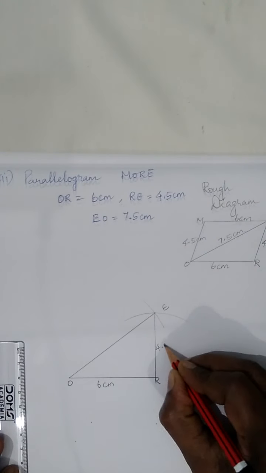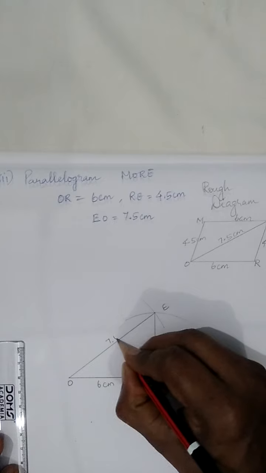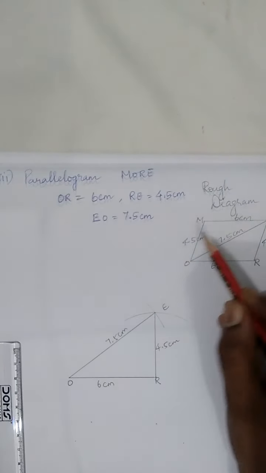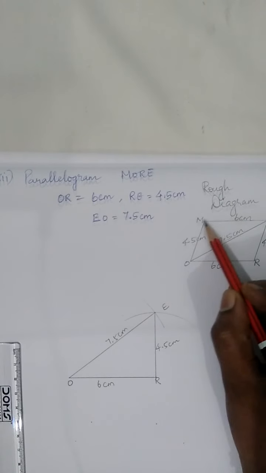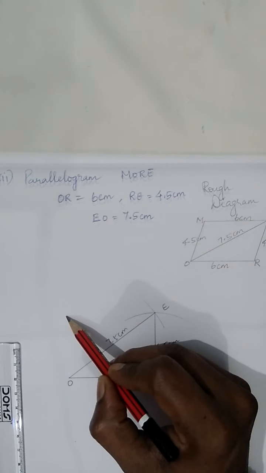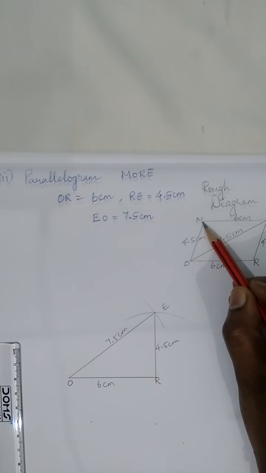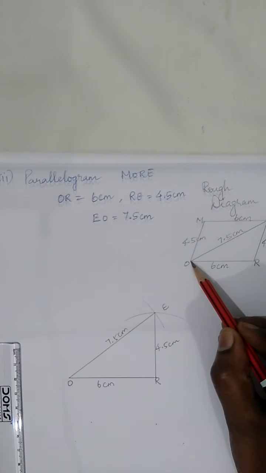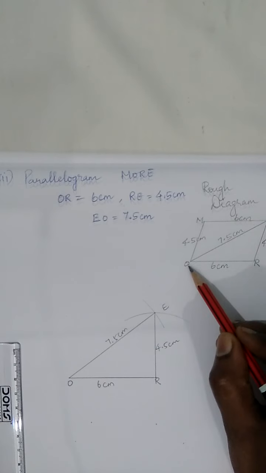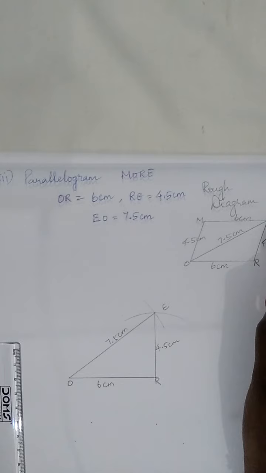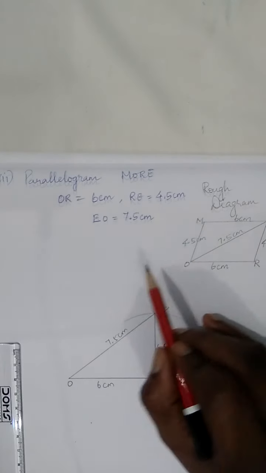Let's write the lengths. Triangle ORE we finished, and the remaining vertex, which vertex we need to construct now? M. Vertex M we have to construct. So to get this M, you are having the way from OM 4.5 centimeter one arc, then from EM 6 centimeter.